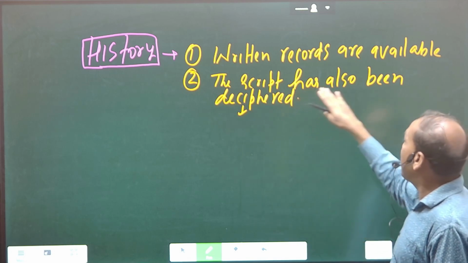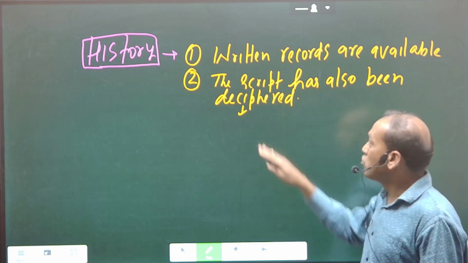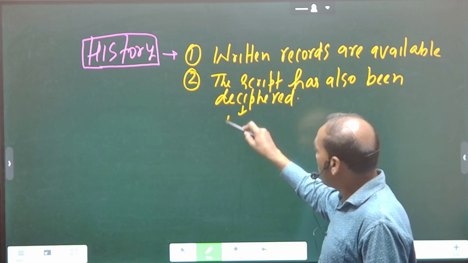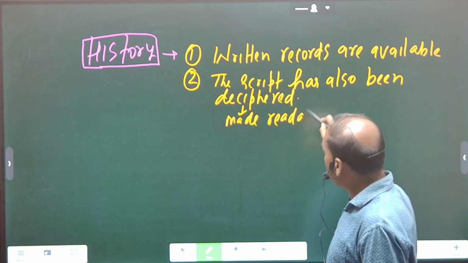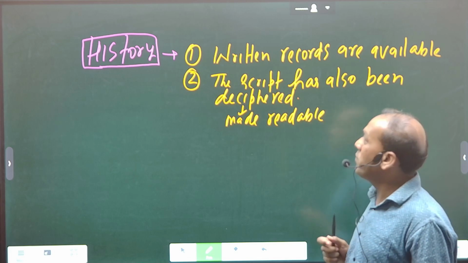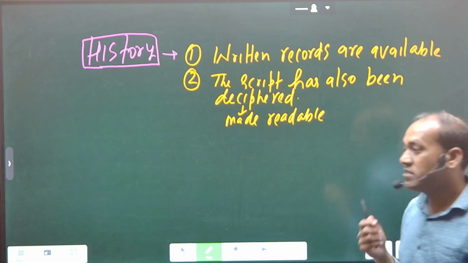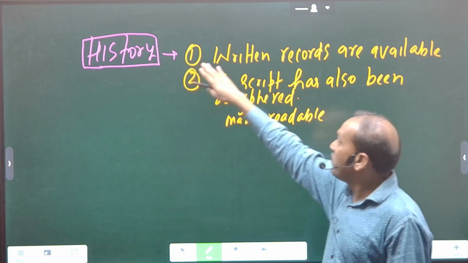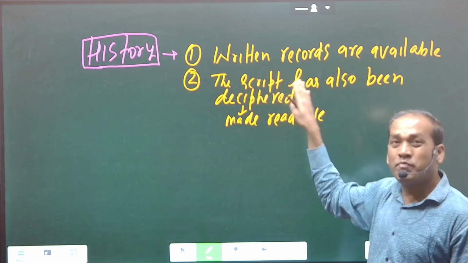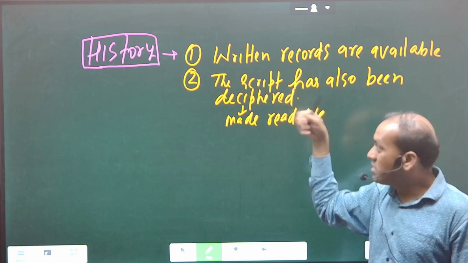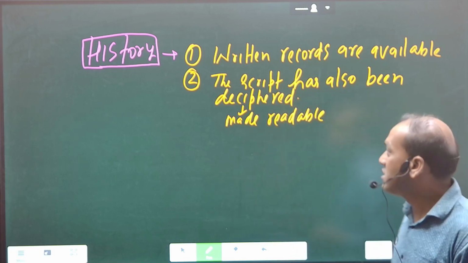So the script has also been made readable. Okay, so history starts where we have written records available, and the script has also been deciphered.